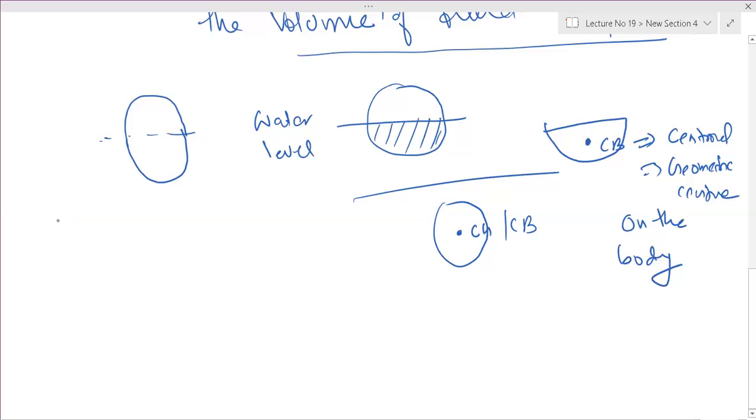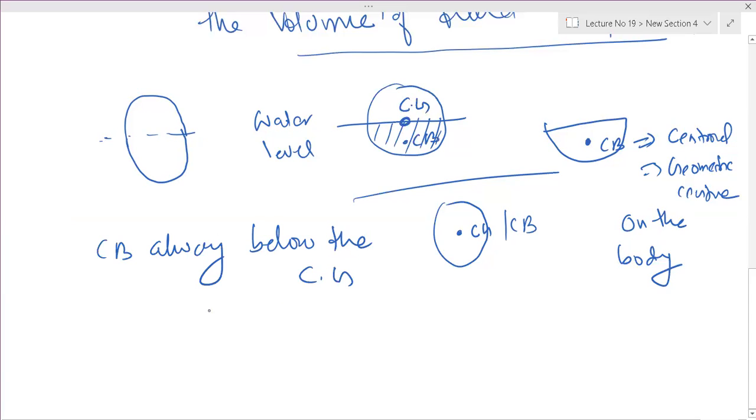But when it is partially submerged or floating, the center of buoyancy will always be below the center of gravity, because here it is the center of gravity and here it is the center of buoyancy. So the center of buoyancy is always below the center of gravity in the case of a floating object.